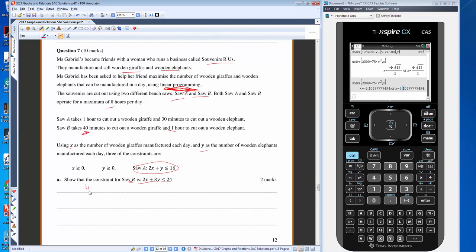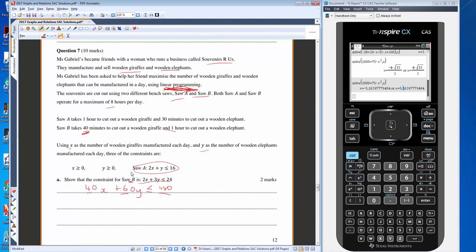Alright? So if it's 40 minutes to do a giraffe and an hour, or 60 minutes, to do an elephant, that must be less than 8 hours, okay? Where 8 hours is 8 sixes, 6 eights are 480 minutes. So we've got minutes, minutes, minutes.